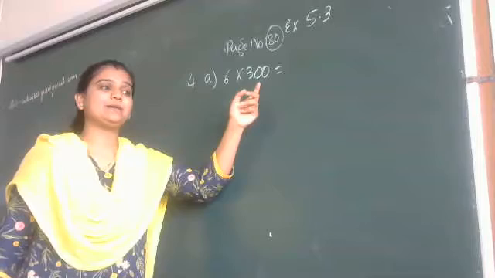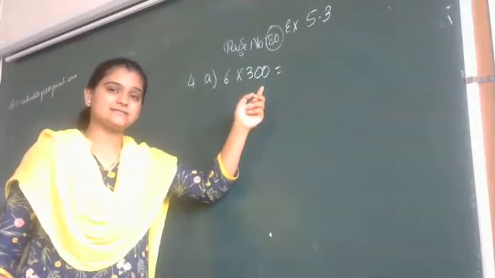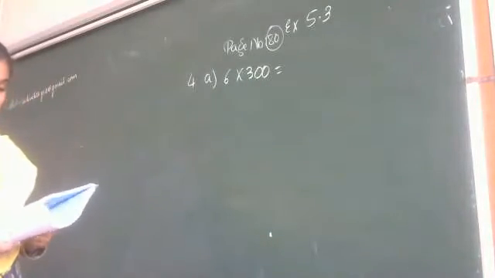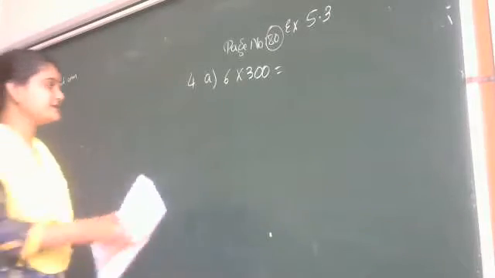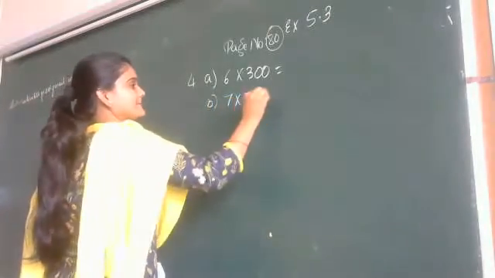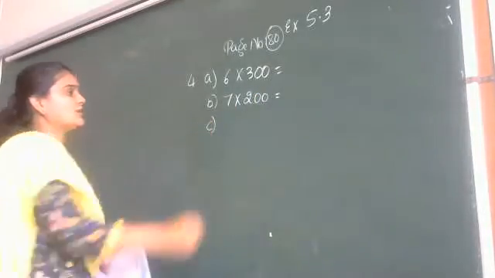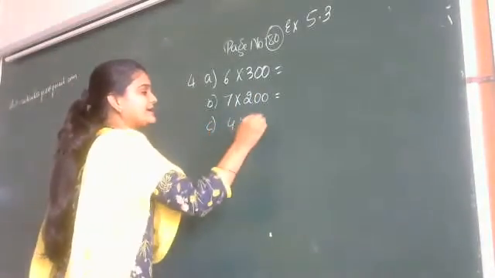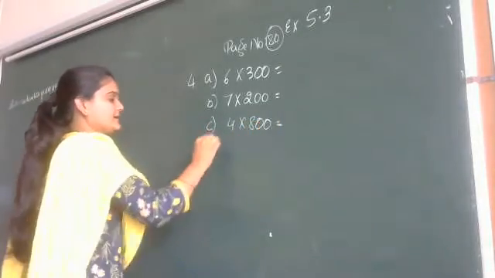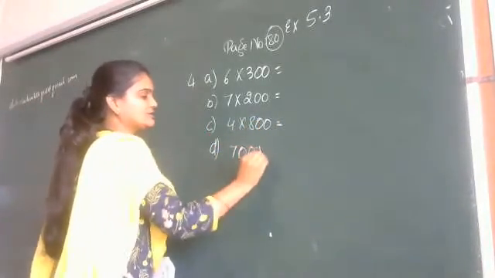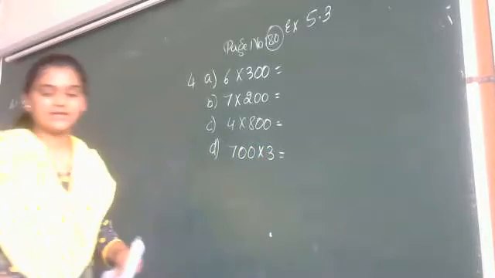It is multiplying by hundreds. We have also seen what to do in case of hundreds. Next one, 7 into 200. Next, 4 into 800. D, 700 into 3.